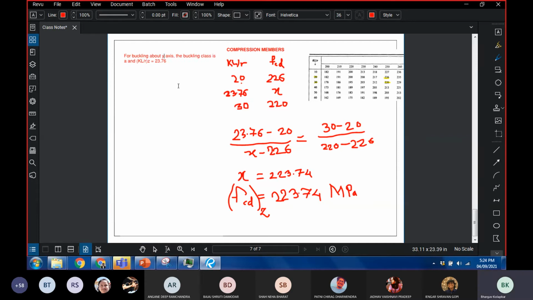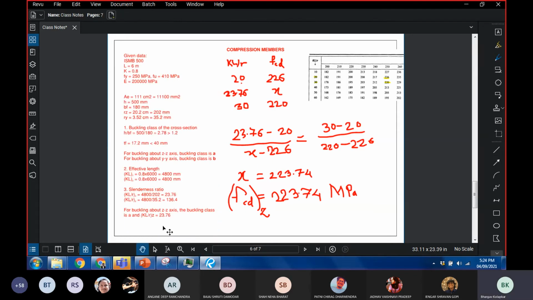So for buckling about the Y-axis, the buckling class is B, and the value of KL upon r is 136.4.